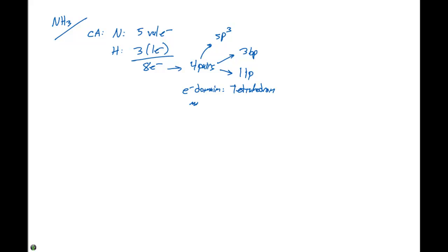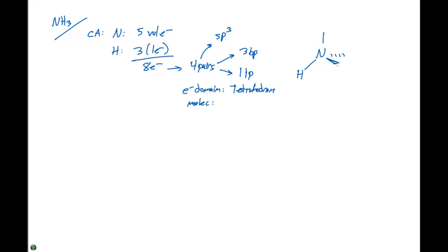Our molecular geometry, though, is going to be dictated by that lone pair. And when we put our electron domains around the central atom, we have a nitrogen, and we have to put our 4 domains around that central atom.